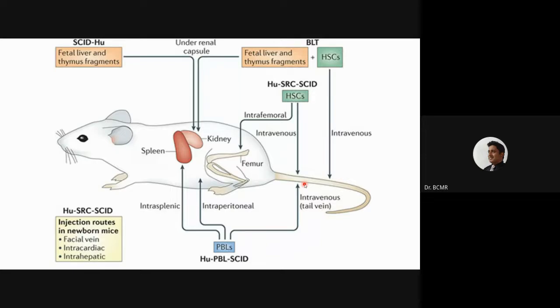The important point is that the mouse that we choose is one that doesn't have a very effective immune system, or its immune system is very weak. So the cells that we are putting in will be able to survive in those respective areas well and function as if they are in human tissue.